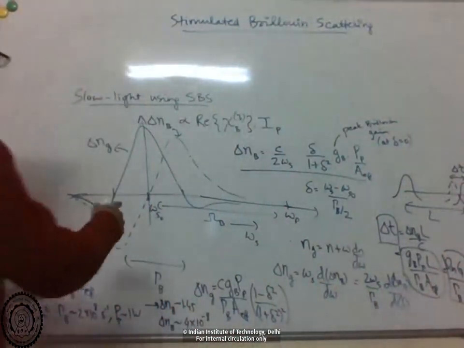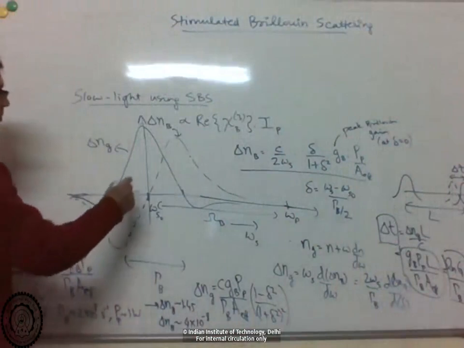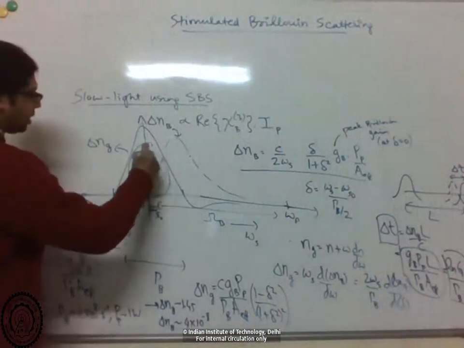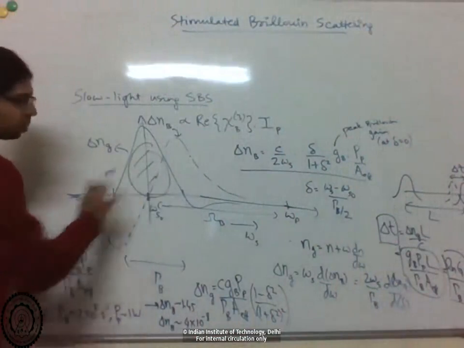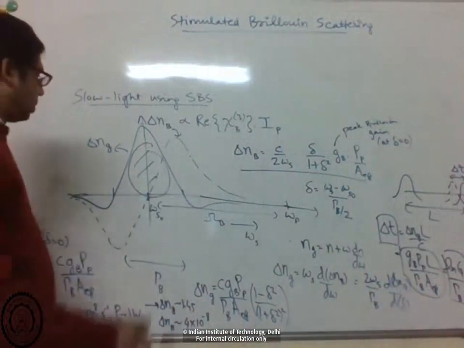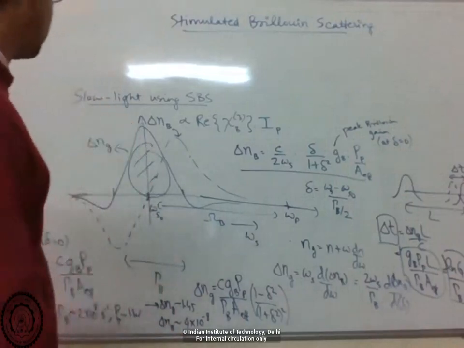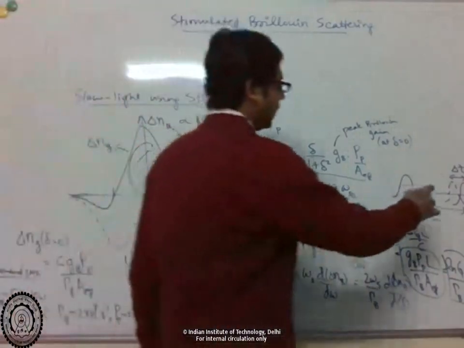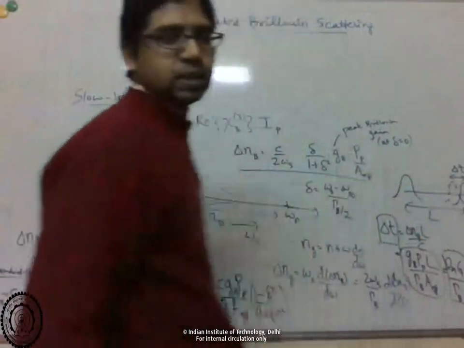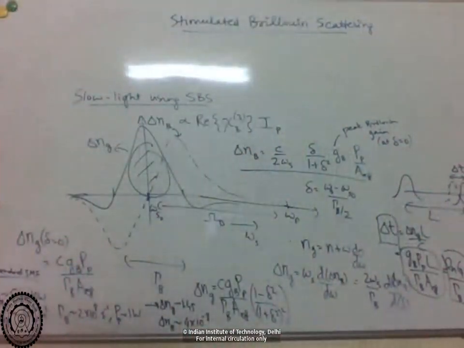Right, but again now, the bandwidth of the pulse has to fit within the Brillouin gain, right? So the Brillouin gain, as we saw, is about 100 megahertz or something. So you can only get delays for, let's say, nanoseconds or sub-nanosecond pulses, right?